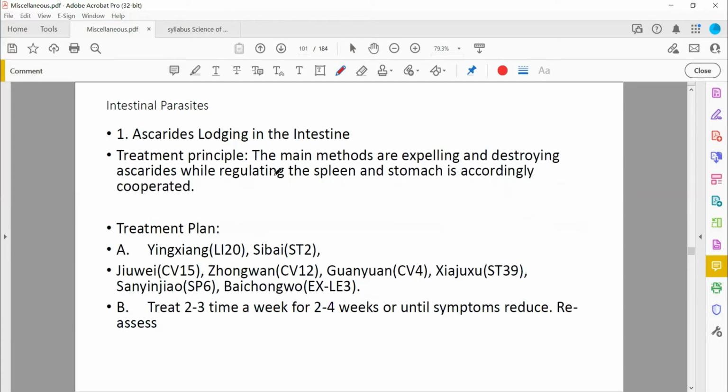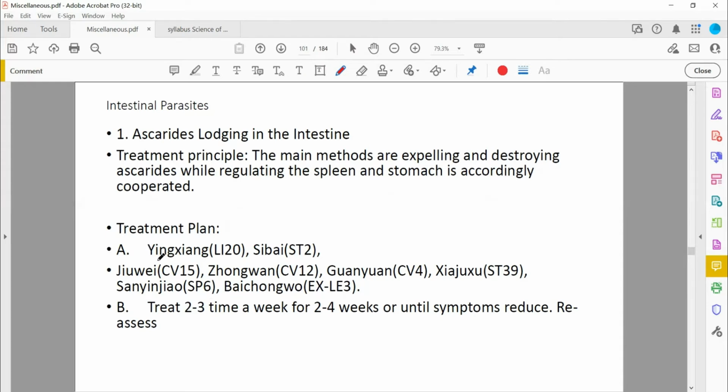Treatment principle: the main methods are expelling and destroying ascarides while regulating the spleen and the stomach accordingly.